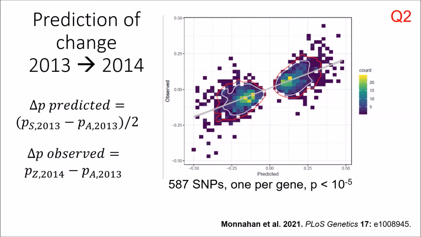For each of those SNPs, we compared the observed change to the predicted change. And this scatter plot, because there's a positive relationship, suggests some degree of success in predicting change at the allele frequency level. In other words, in predicting delta P in a manner analogous to what we do for quantitative traits in the prediction of delta Z bar.